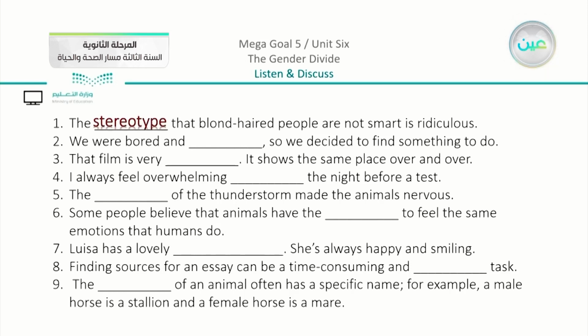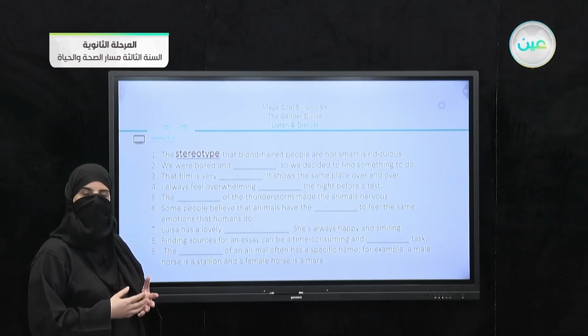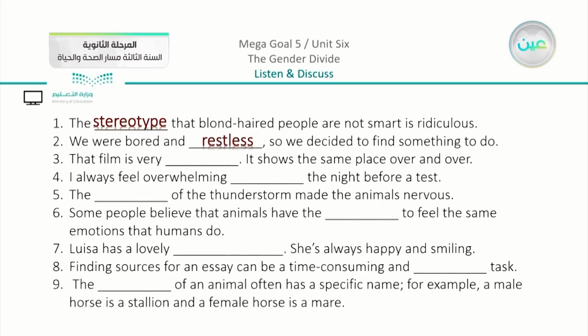We were bored and blank, so we decided to find something to do. We were bored and we can see that there is some kind of feeling that is bothering. So we can say we were bored and restless. That film is very blank. It shows the same place over and over.